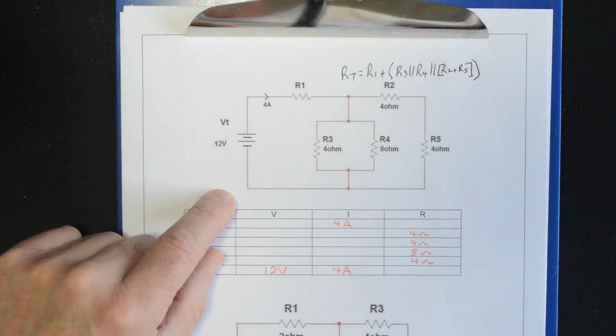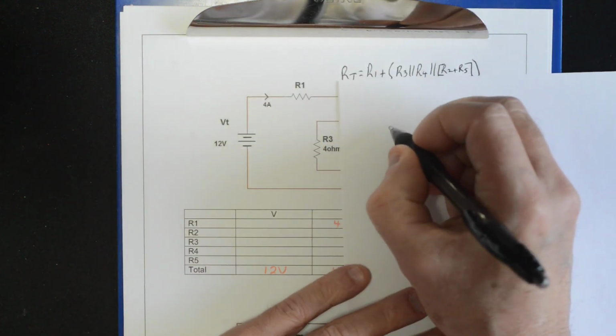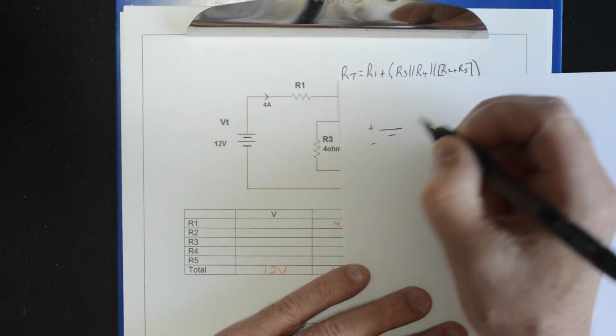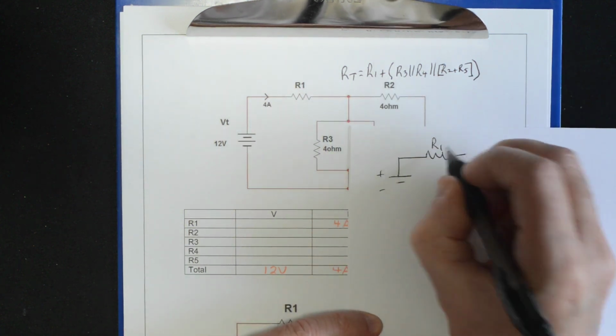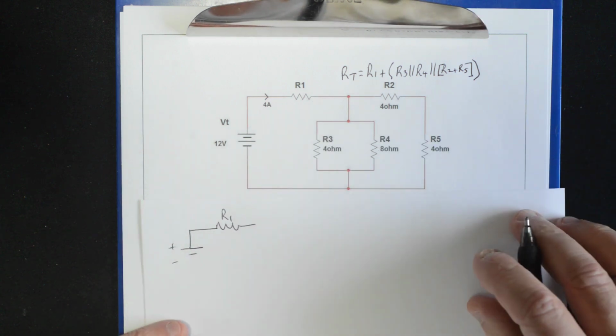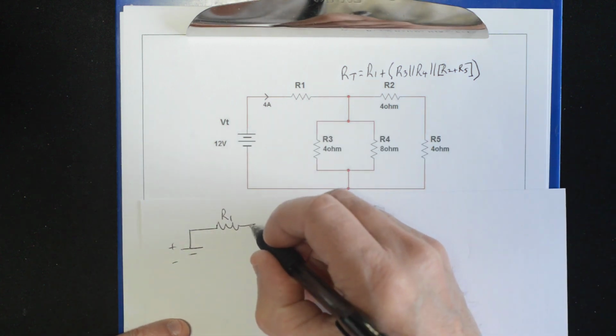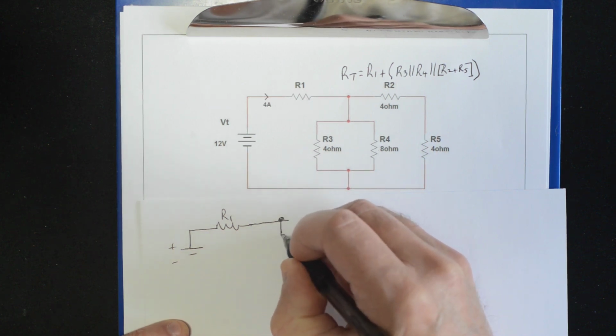So let me redraw this. I'm going to grab another piece of paper, and okay, we've got R1, and I'm just going to keep this here. I'll put it back up in full view later. So I'm just going to do this. That connects there.